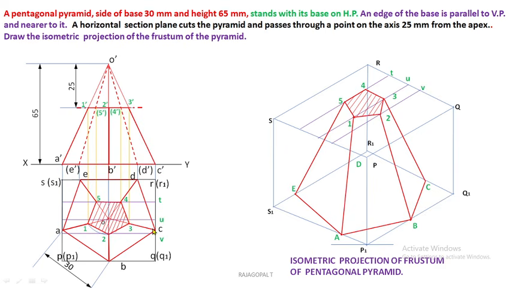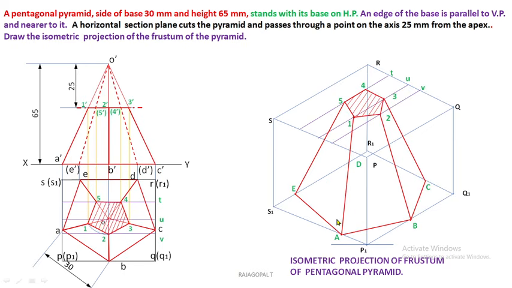Next, this rectangle is the true length. It has to be foreshortened here. Foreshortened means reduction in size. So for better understanding, I extended this PSQR, but while you are drawing, it must be smaller than this rectangle.